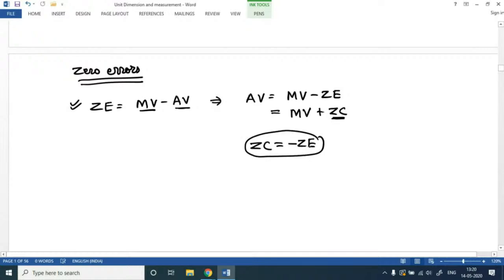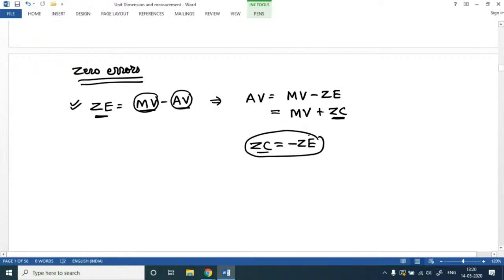That means if you have a positive zero error, zero correction would be negative. Positive zero error simply means the measured value is greater than the actual value. That is when you will get positive zero error. So you need to subtract from the measured value to get the actual value, meaning the correction would be negative. So zero correction is nothing but the negative of zero error.